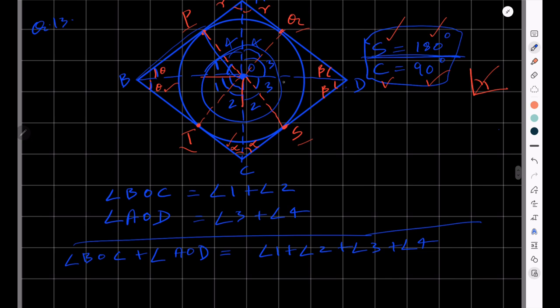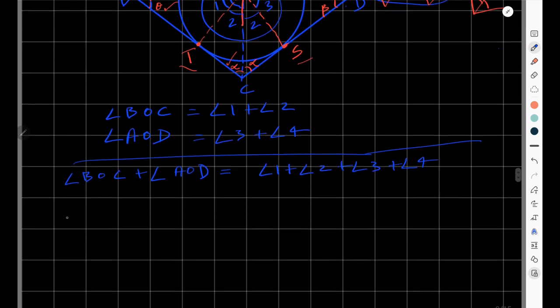But what are all these angles? We have already named them: angle 1 two times, angle 2 two times, angle 3 two times, and angle 4 two times. They all sum up to 360 degrees.